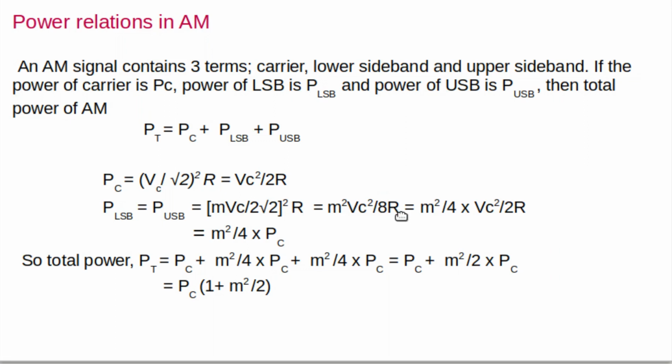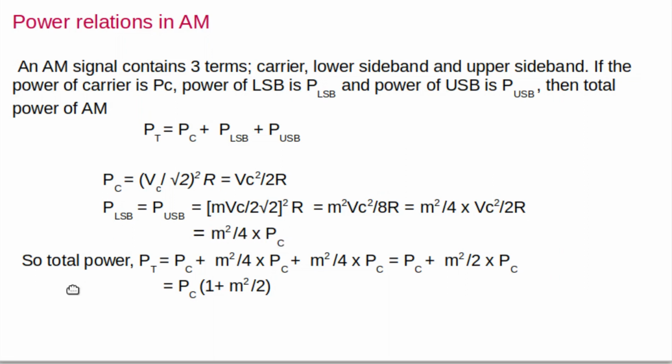If we write it as M square by 4 into VC square by 2R, we know that this VC square by 2R is the power of the carrier, PC. So PLSB equal to PUSB is equal to M square by 4 into PC.